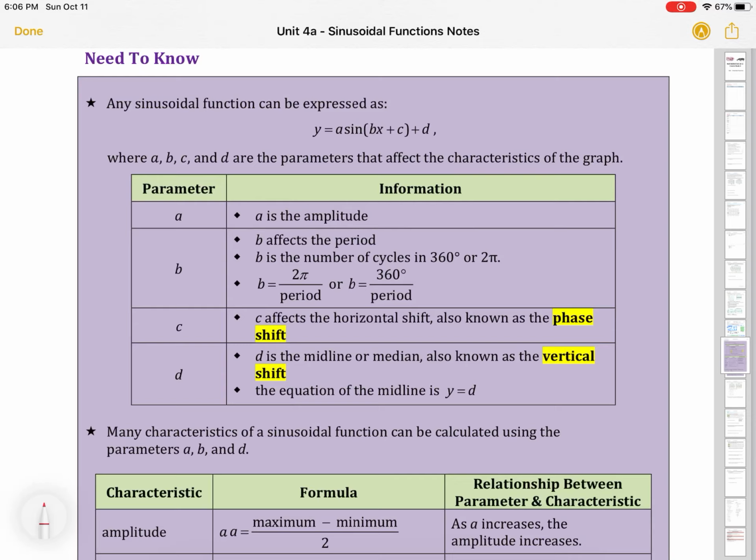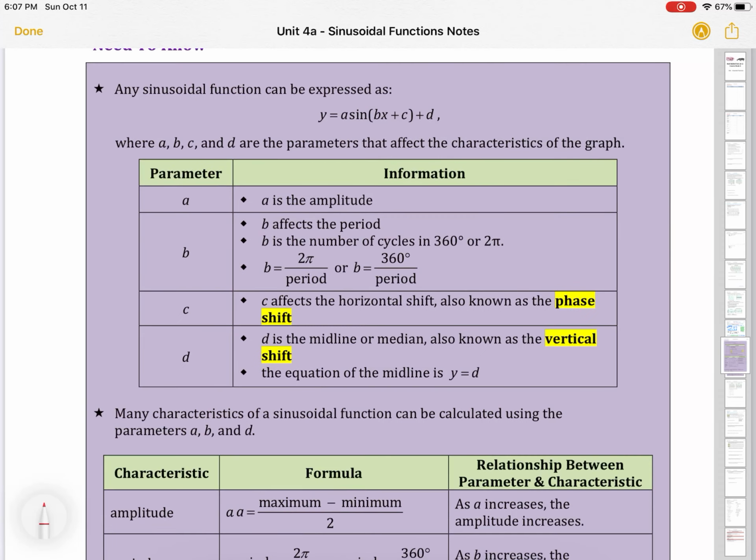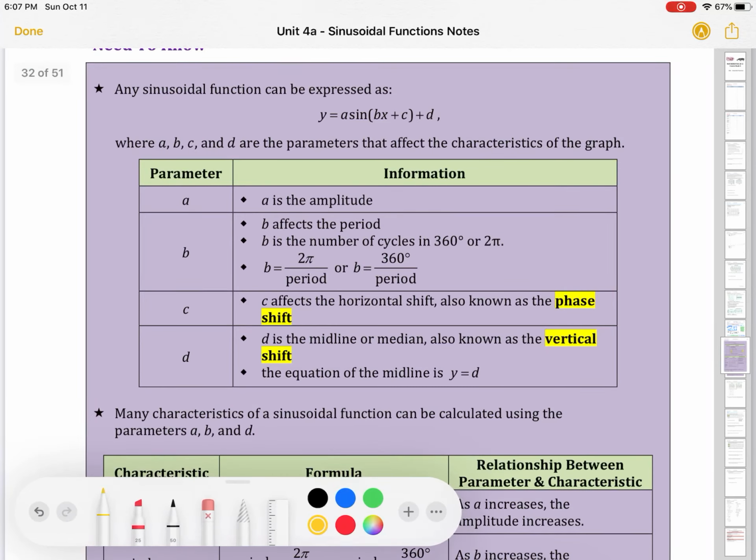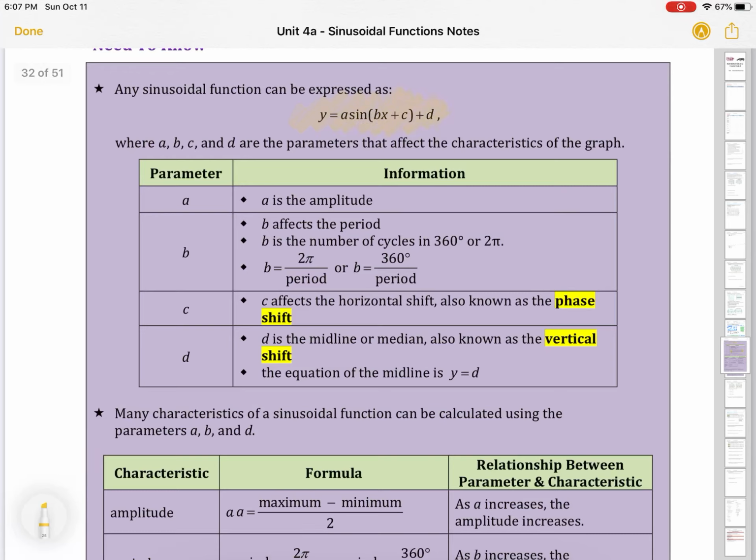But the cool thing is that you can use the information given. You might have to do a little more thinking with some of those real world problems. Any sinusoidal function can be expressed in the following way. y equals a sine bracket bx plus c, close bracket plus d. A, B, C, and D are parameters that affect the characteristics of the graph, okay? A is the amplitude.